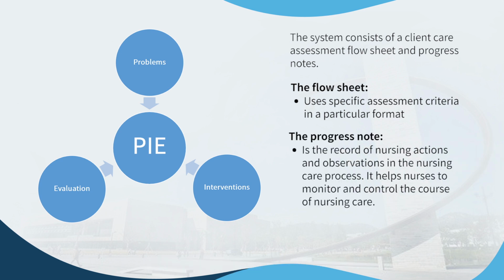Progress notes. A progress note is the record of nursing actions and observations in the nursing care process. It helps nurses to monitor and control the course of nursing care. Generally, nurses record information with a common format. Nurses are likely to record details about patients' clinical status or achievements during the course of the nursing care.